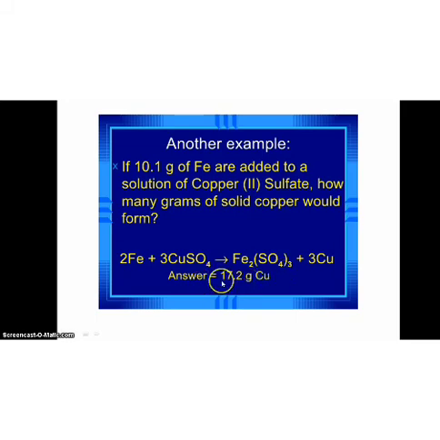Here the answer should be 17.2 gram copper. How many gram of iron? 10.1. So 10.1 divided by the molecular mass of ferrous sulfate, and you get 17.2 gram.